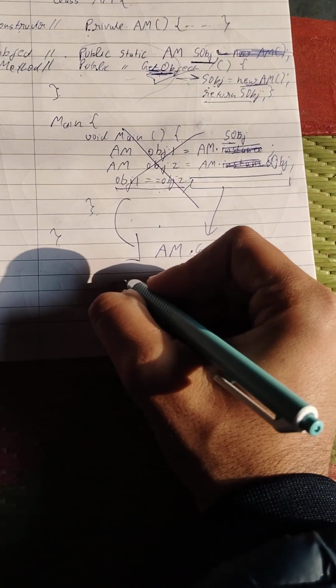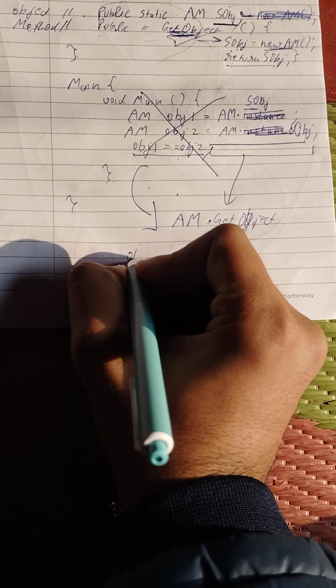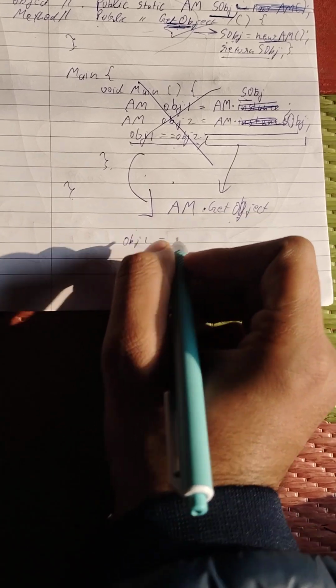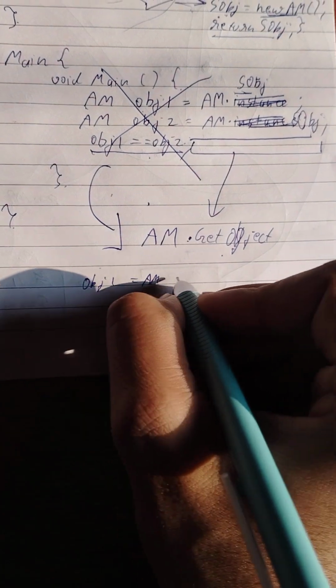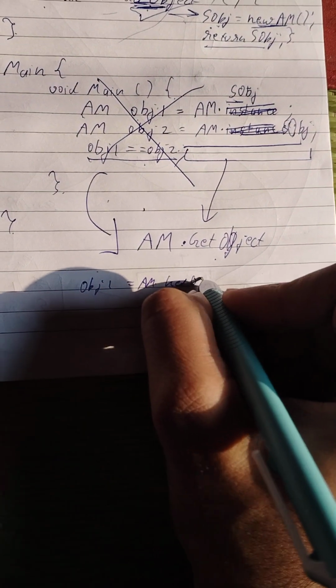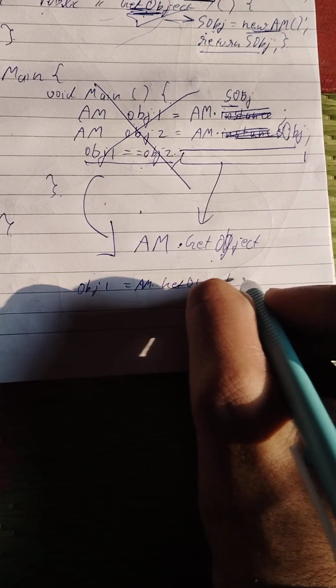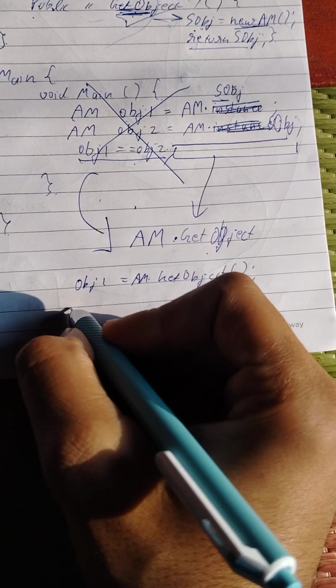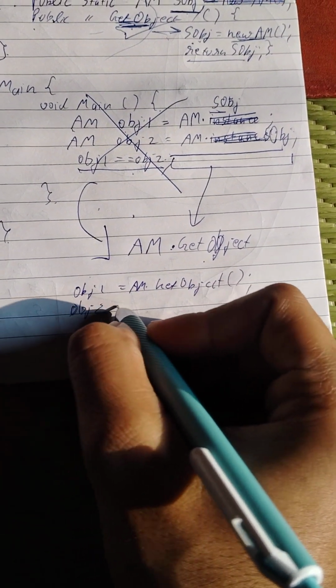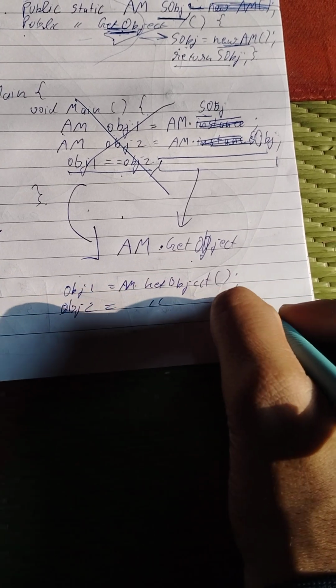That's all. So object1 would be equal to AM dot get object. Simple, right? Similarly, object2 would be equal to AM dot get object.